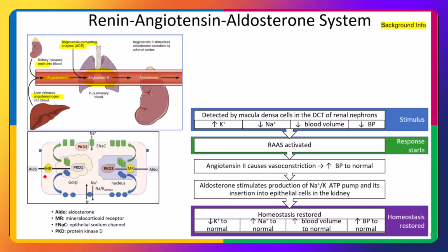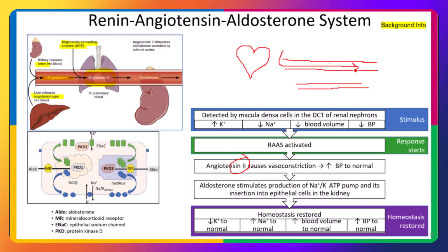Now, what does that mean? Well, let's say here's the heart, and then we have a blood vessel here. This is representing systemic blood vessels. With the help of angiotensin 2, the systemic blood vessels are going to narrow or constrict. What normally could flow through here is now going to be met with some resistance against the walls because we have the same amount of blood moving through a more narrow space.